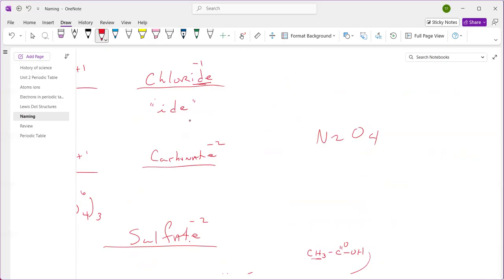There's no sulfate there. Oh, sorry, oxide. So it'd be dinitrogen tetroxide.